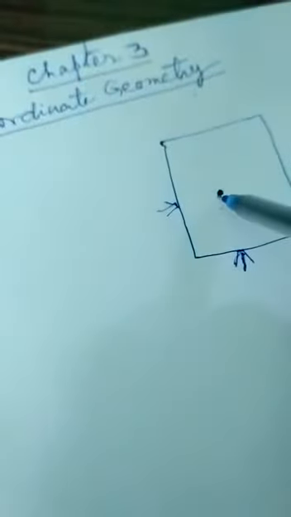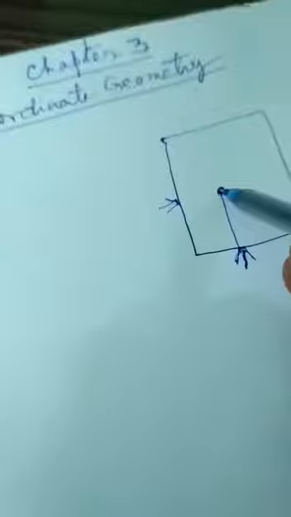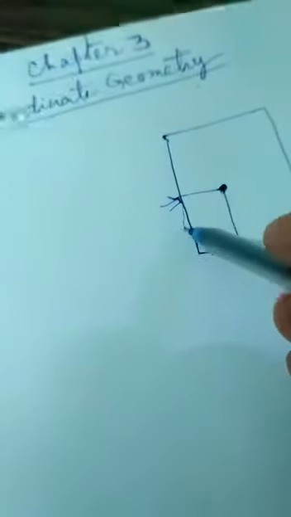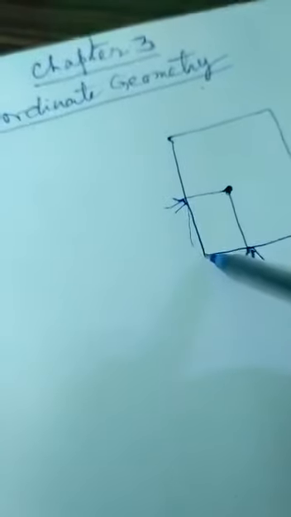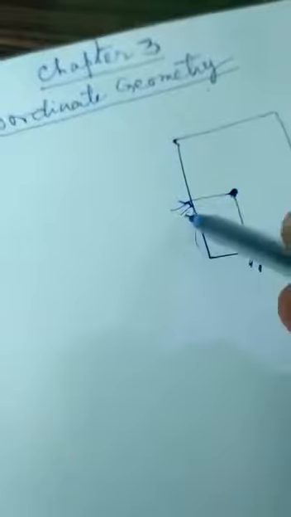So you draw the perpendicular from this point and draw the perpendicular from this point to this surface. So this is the length. When you measure this length by scale, that lamp will be called 3 centimeters or 4 centimeters.